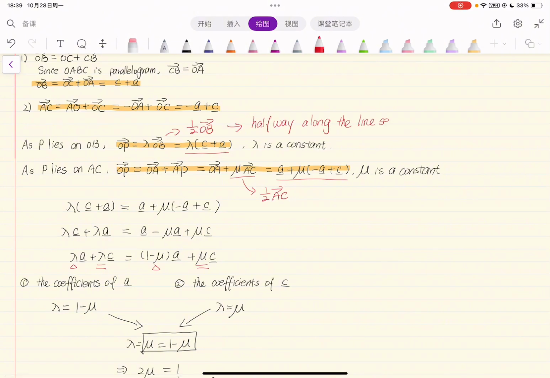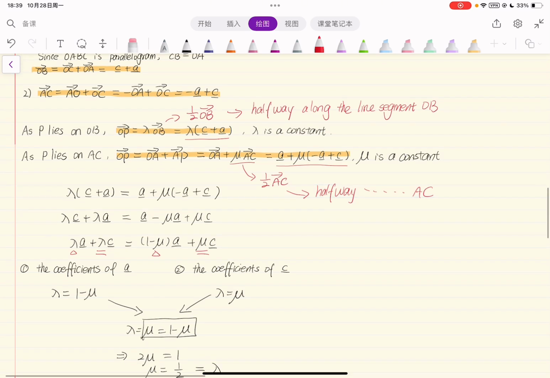OB. And in here, which means halfway along the line segment AC. So we can see that P is the midpoint of both diagonals.